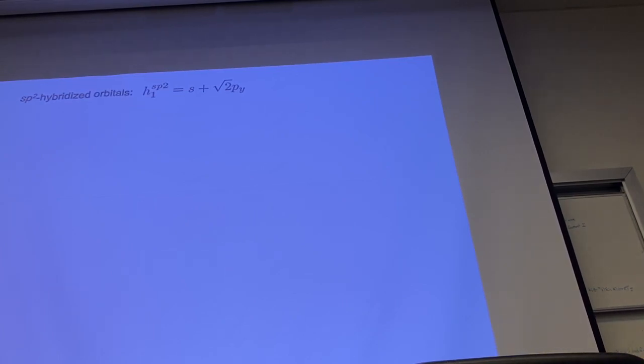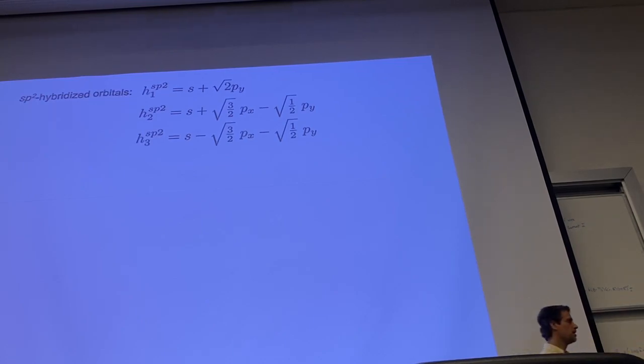Okay, I can make more combinations, like I said, depending on the environment of the carbon atom. This could also be a good way to describe the bonding pattern, which is sp2 hybridized orbitals. There are 3 of them. It's the s plus py with the prefactor, then the s plus px and py with different prefactors, and then finally the 2s with the 2px, 2py with prefactors and different signs, as you can see, compared to the previous one.